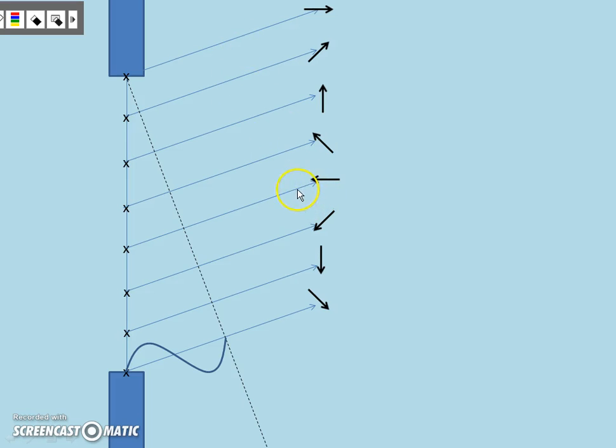The top one and the one halfway down are opposite, so will cancel out. The second one and the one halfway down are again opposite, so they cancel out, and so on. If we add all of those up, tip to tail, we've shown that when there's a difference in path length of one wavelength across the slit, we're going to get destructive interference.